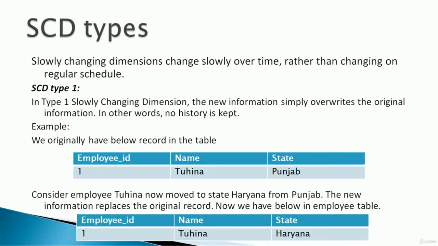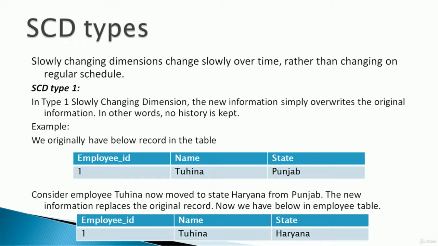Next is SCD types. So SCD stands for slowly changing dimensions. You know that dimensions contain the reference information. So slowly changing dimensions are the dimensions that change slowly over time rather than changing on a regular schedule.